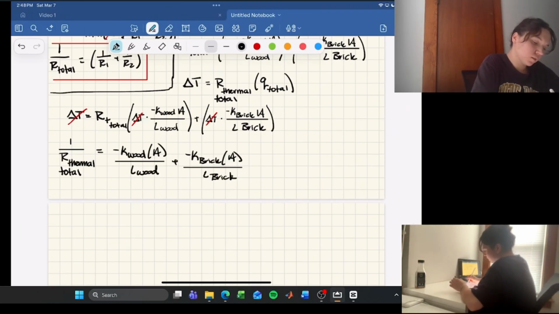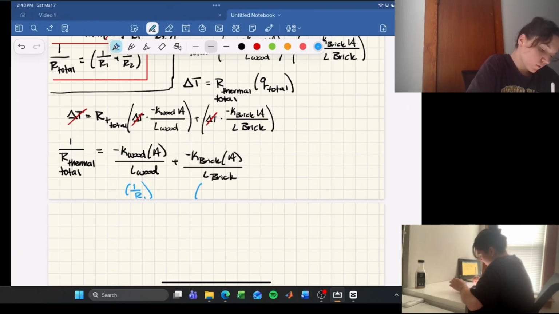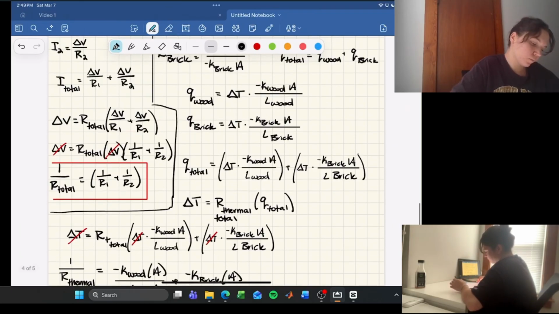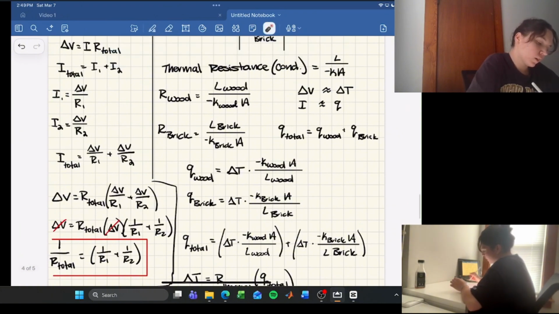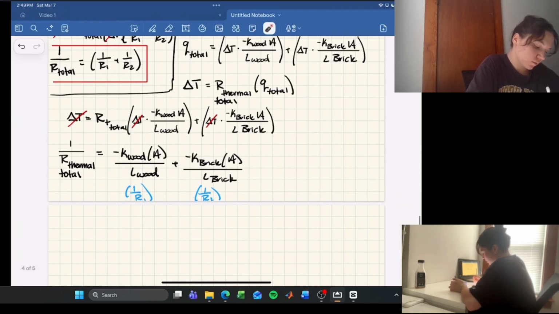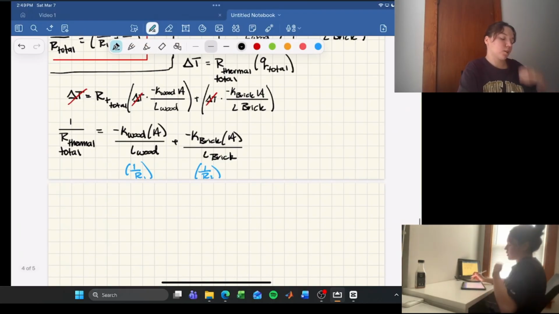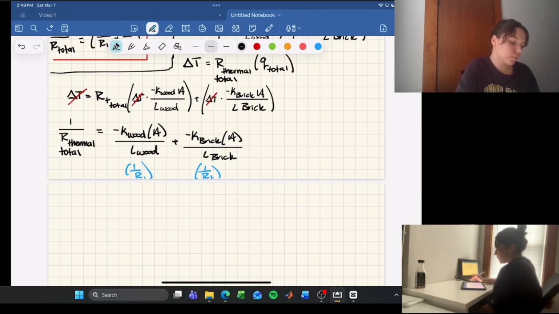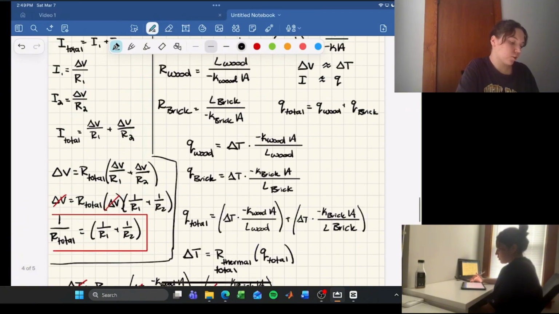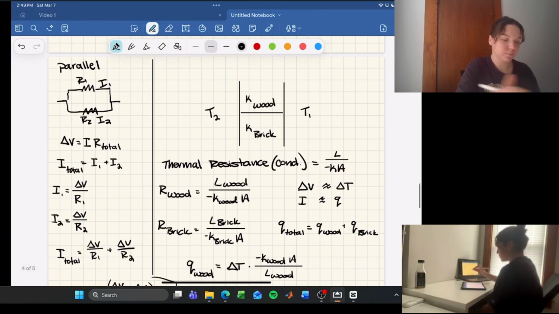And really, this is 1 over R1 and 1 over resistance 2. Because if we look back, initially the length was on top and the thermal conductivity and the area were on the bottom. And now it's the opposite, which is just like this here. So that's how we can use Ohm's law and the thermal resistance analogy for heat flow and resistance in parallel.